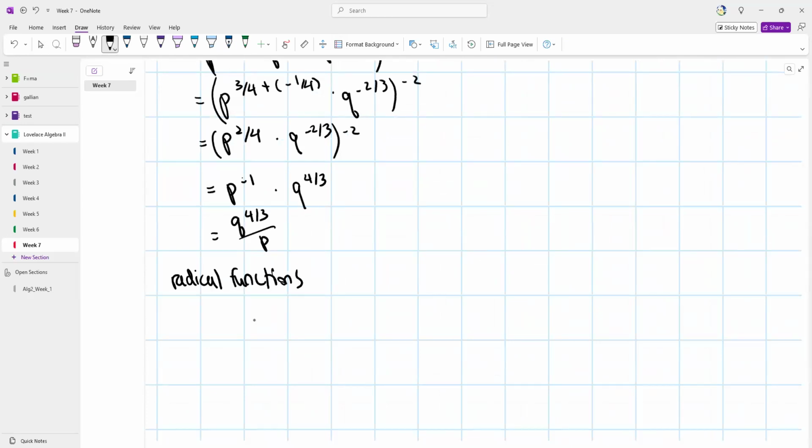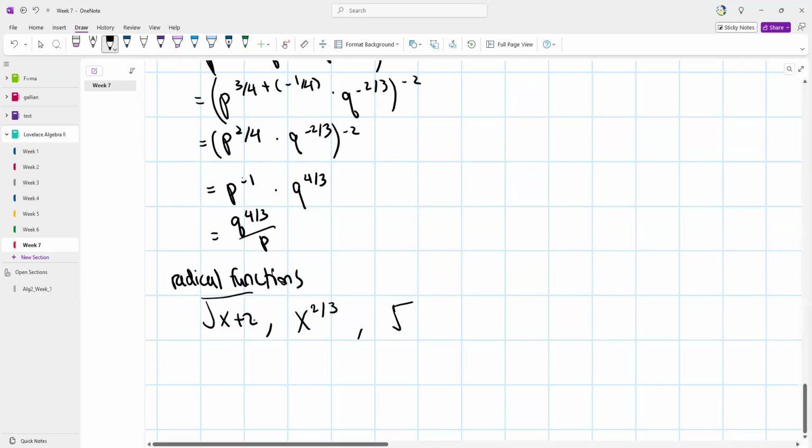A radical function is basically what we were doing so far. Here are some examples, like square root of x plus 2. These are pretty much what we've already seen so far, but maybe instead of having x, we have another variable.